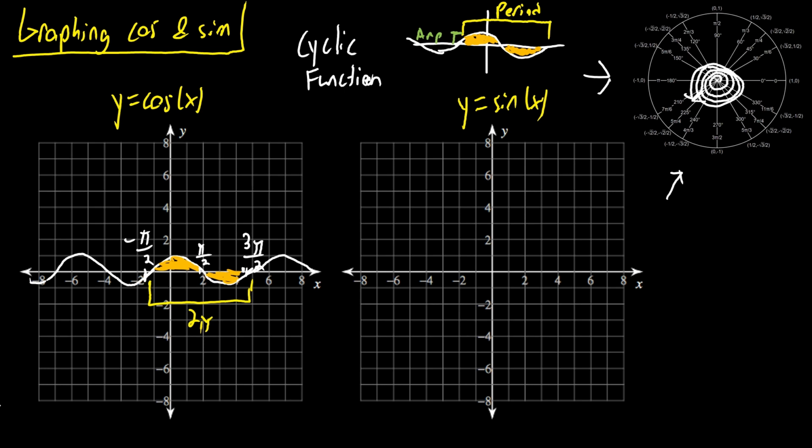Okay, what about our amplitude over here? We are just going to have an amplitude of 1. So let's write that down here. We're going to have a period of 2 pi, and I'm just going to write amp of 1.